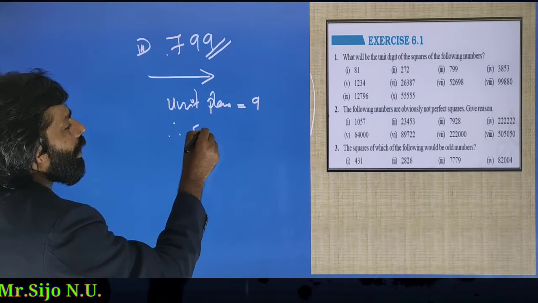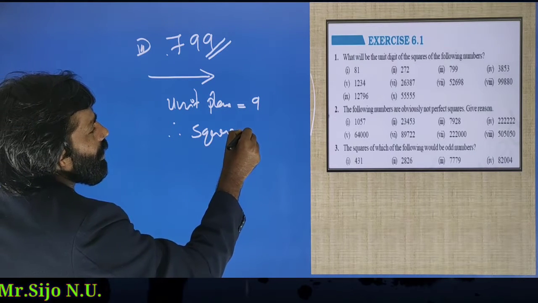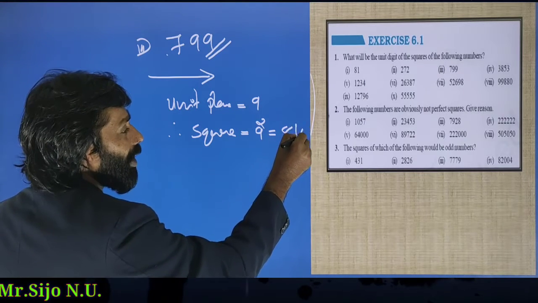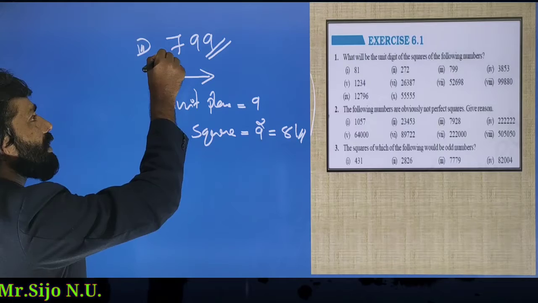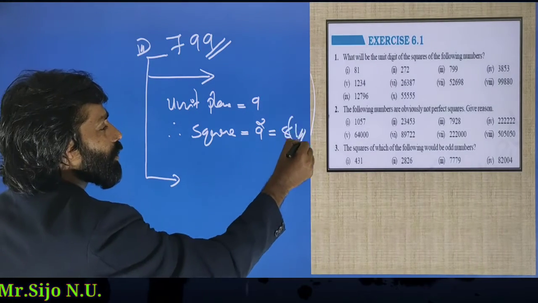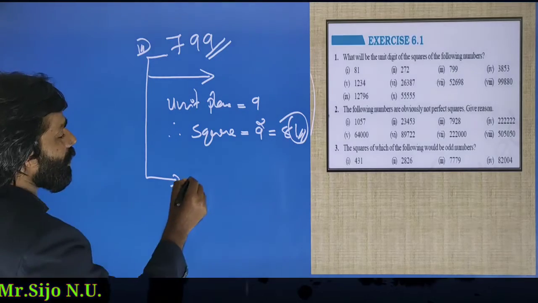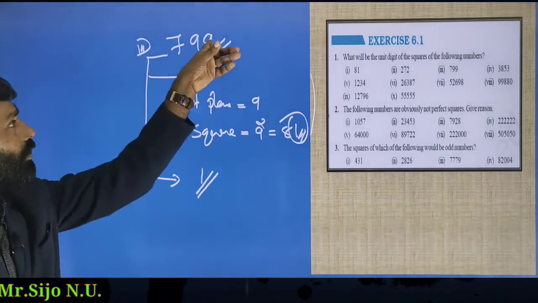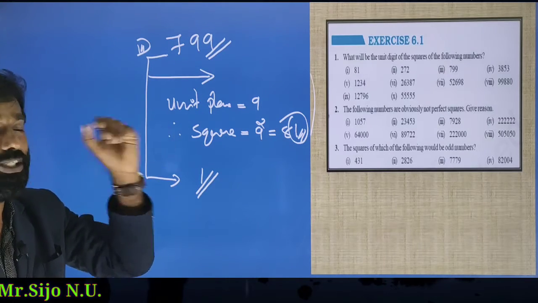Therefore, its square, we know 9 square is 81. So this number's square's unit place should be 1. So the unit place of the square of this number should be 1.